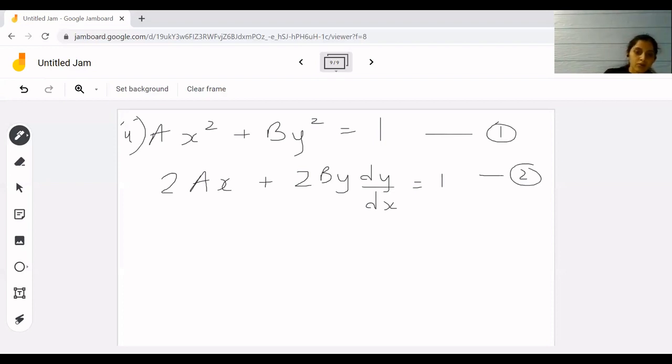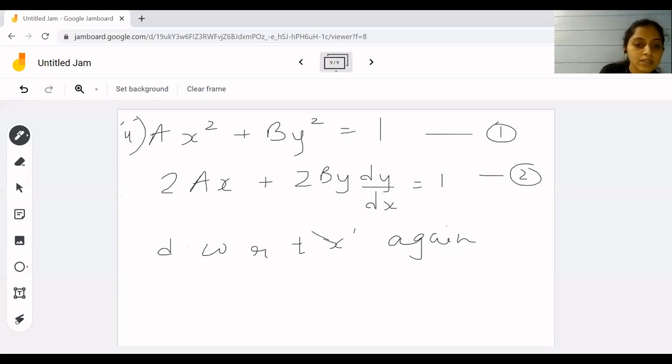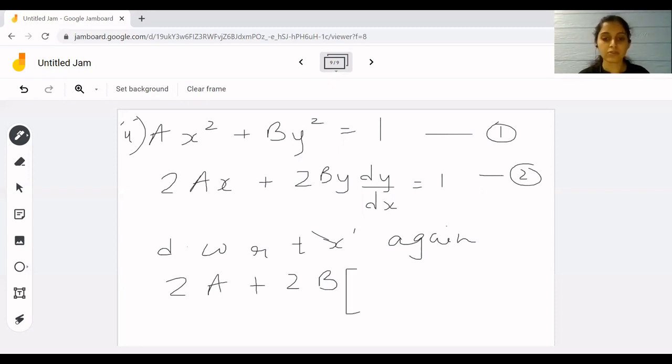Now again we will differentiate this equation. So differentiating with respect to x again, we get 2a plus 2b, and now y dy by dx, how do you differentiate? So basically you use the multiplication rule.